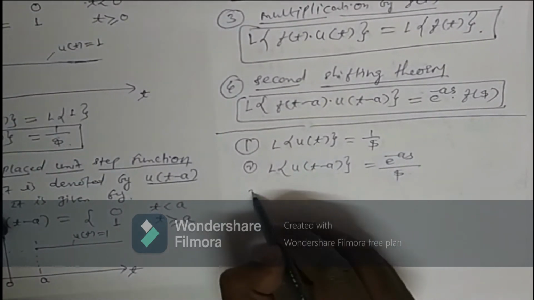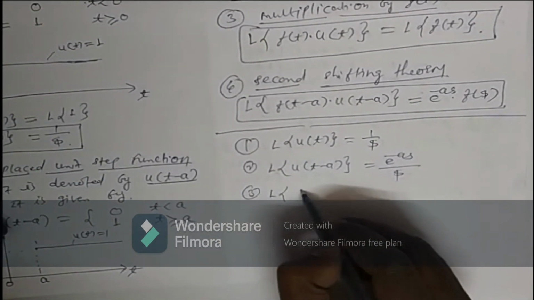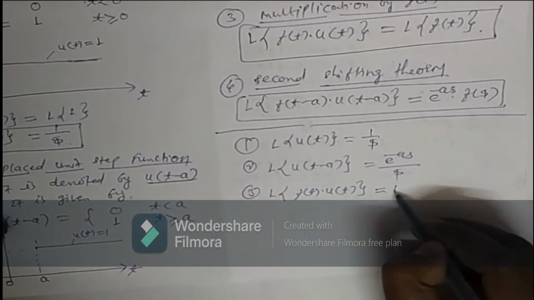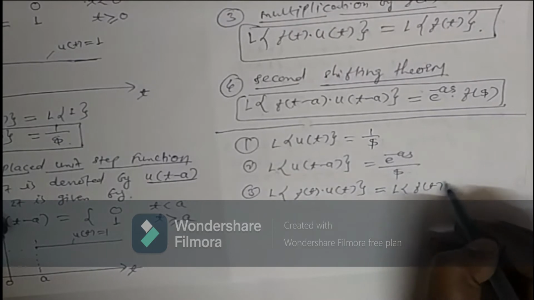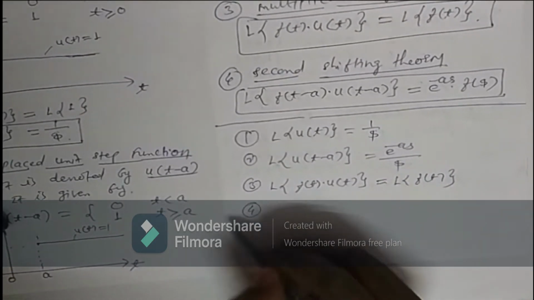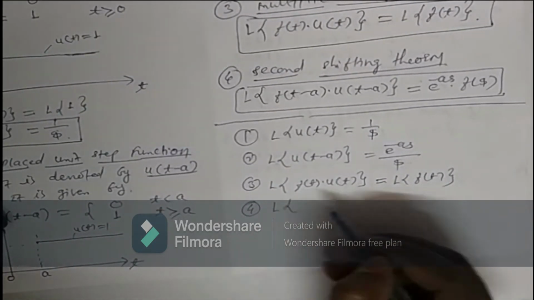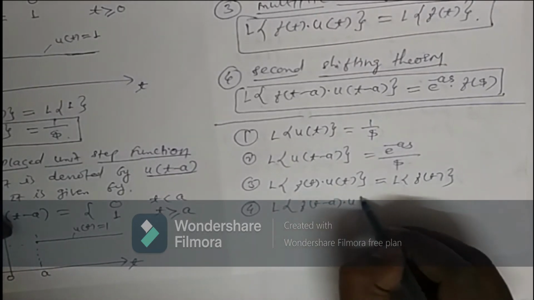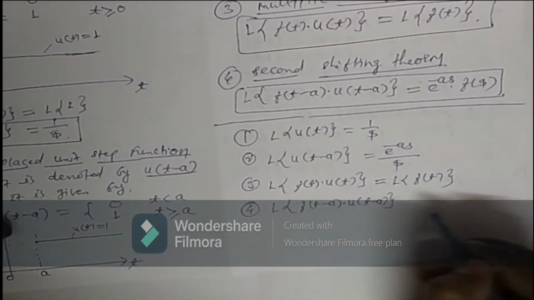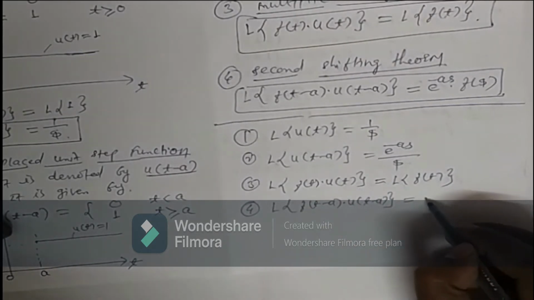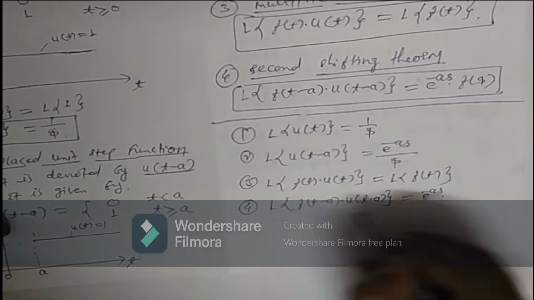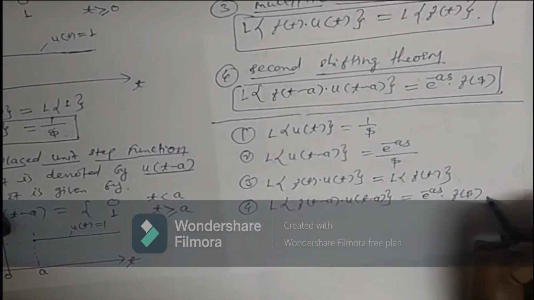Third, the Laplace transform of f of t into u of t is nothing but the Laplace transform of only f of t. And fourth, the Laplace transform of f of t minus a into u of t minus a is equal to e raised to minus as into the Laplace transform of f of t, or f of s.